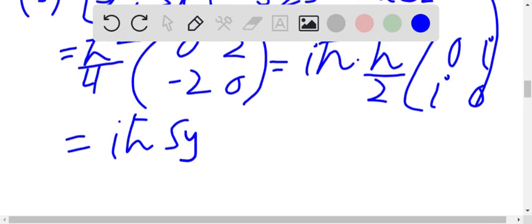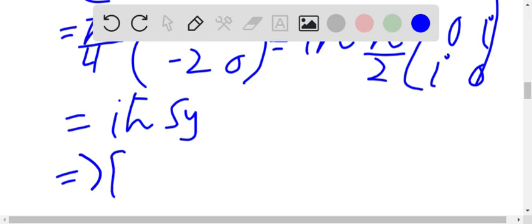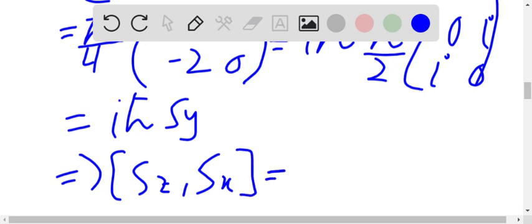So we can write that the commutator of S z and S x is equal to i ħ S y.